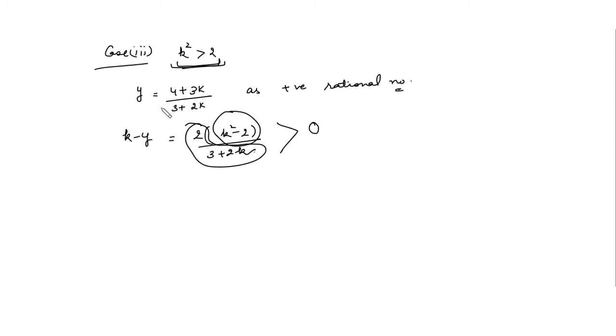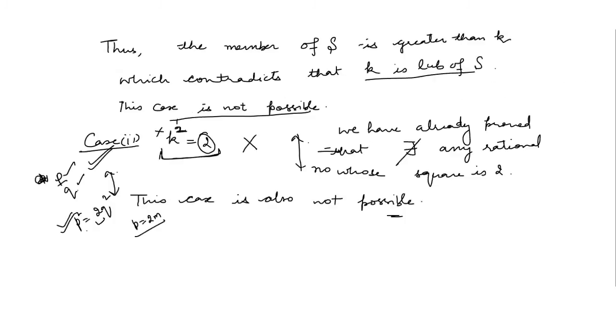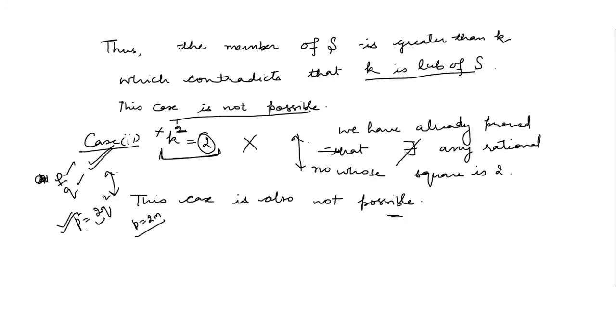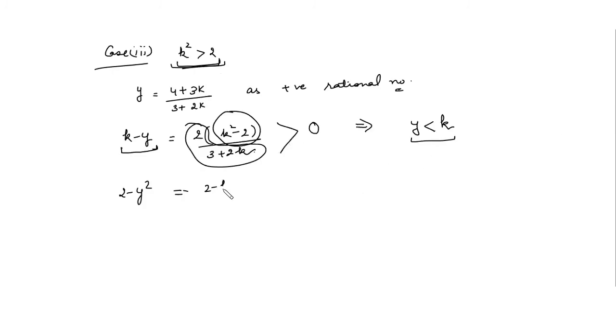Again we choose the rational number y as this one, and first we consider the difference of these two, and from here we get y is strictly less than k. Right, now we will find out 2 minus y square. Again after simplifying as previously done, it will become 2 minus k square upon 3 plus 2k whole square.